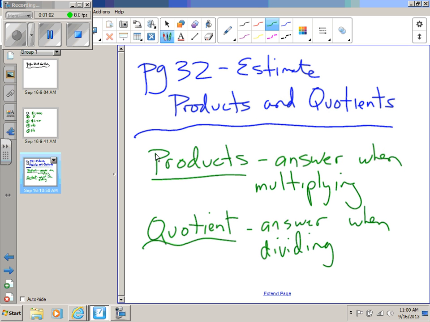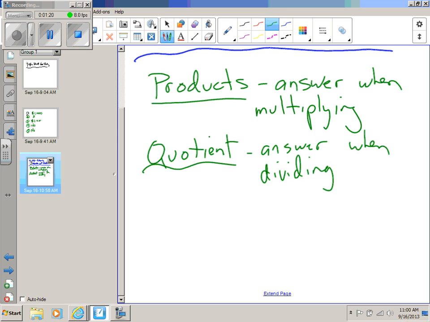Now, there's going to be a little bit of method to how these are done. We can use rounding, which an example would be something like this. Rounding is the method that you'd probably be most familiar with.